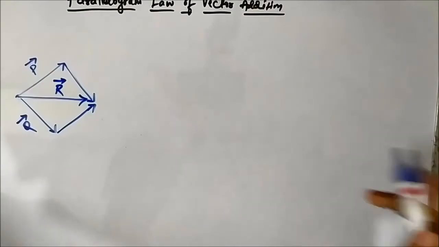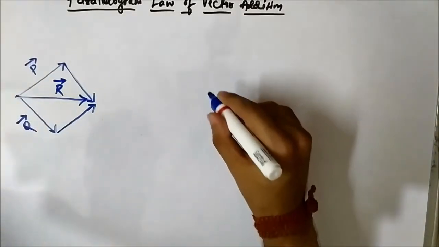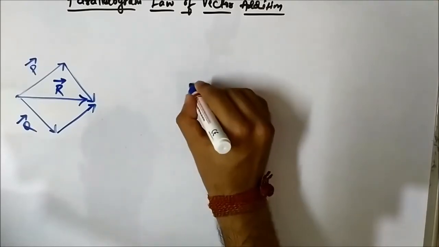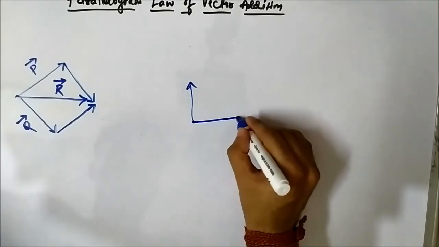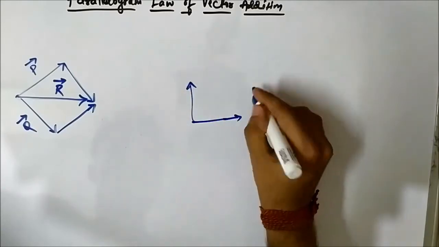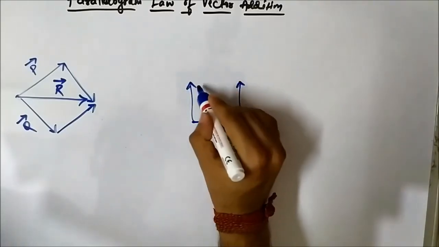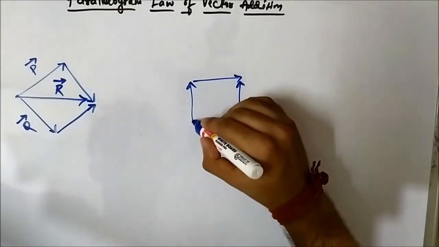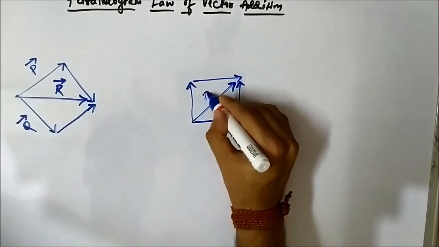Similarly, let's say we again have two forces like this. Again we have to perform shifting. We'll shift this vector in this direction, and this vector in this direction. This will be the resultant.